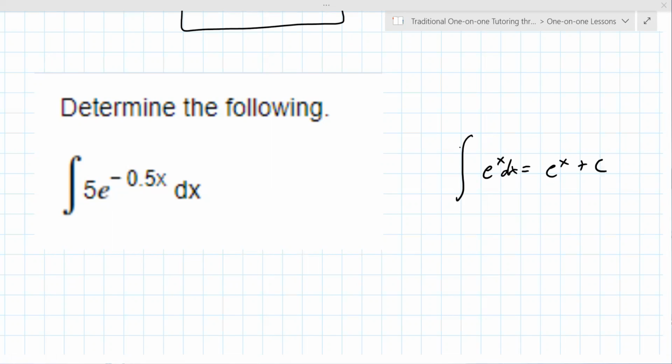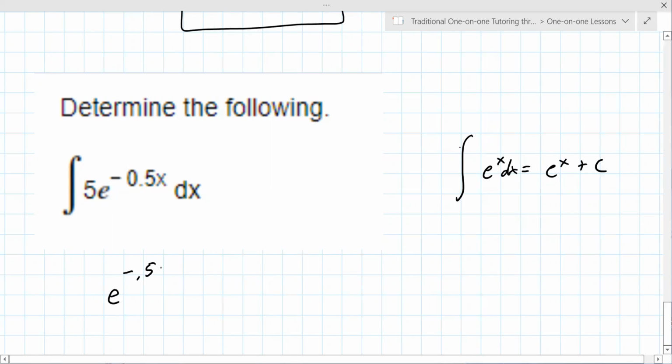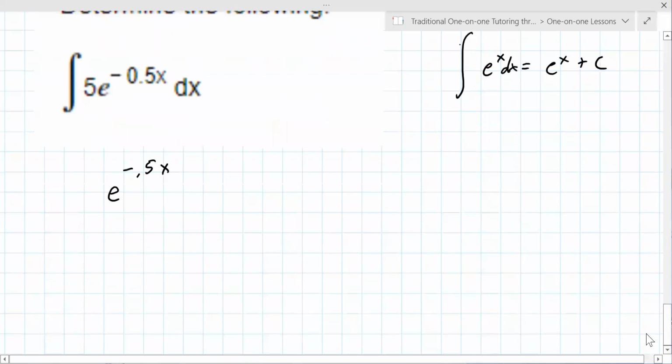So this moves us to the first, well, I guess I won't quite do it. So the answer is, and I'll address this later on, itself. It's got to be itself. But when you take the derivative of this, you're going to get a minus 0.5 out in front.